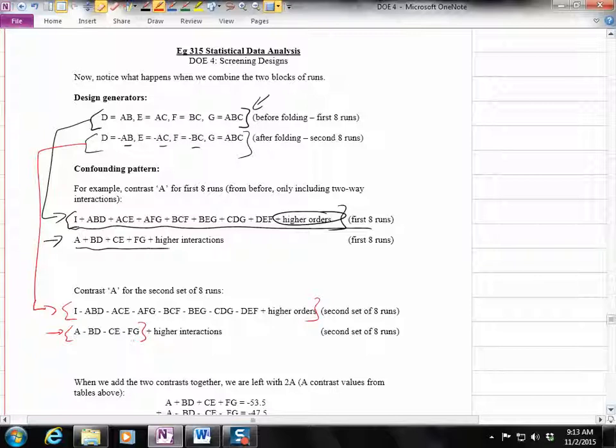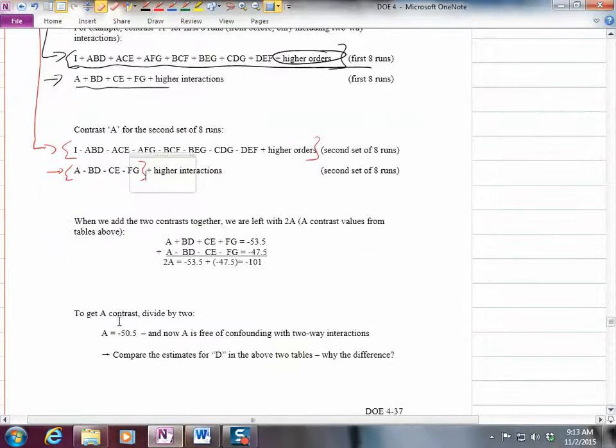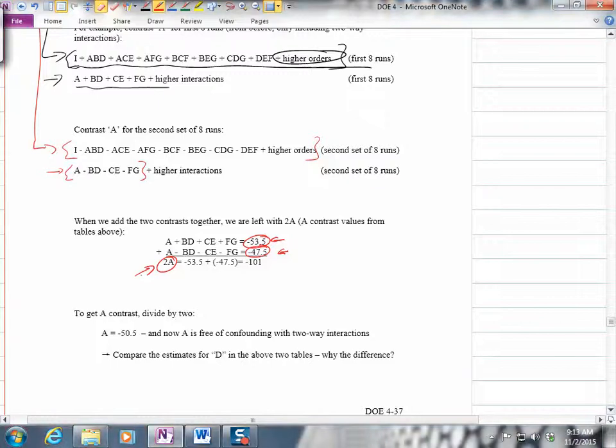That is why we're doing this, because when you put those things together, the first 8 runs and the second 8 runs, all together, we got this result in the first set of 8 runs and this result in the second set. When we add them together, this number right here is due to twice the A effect.